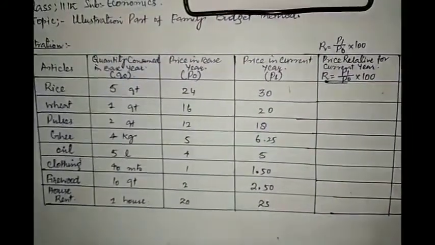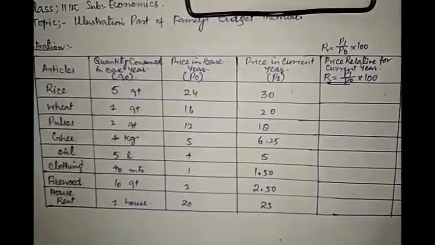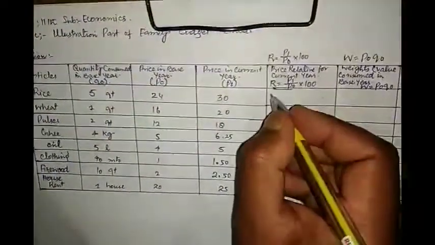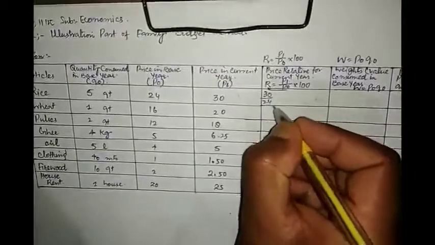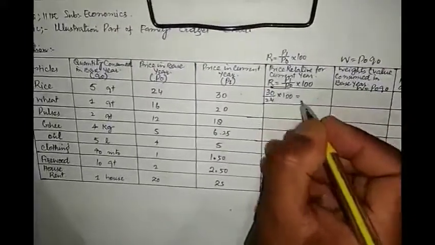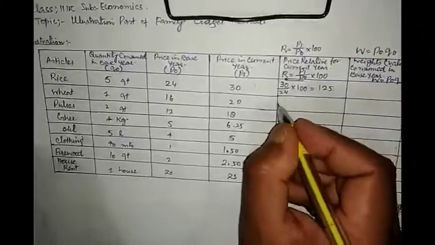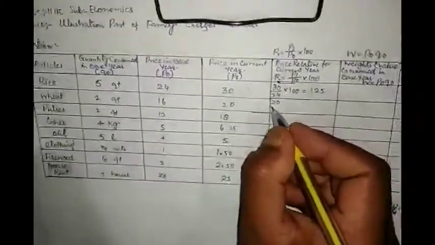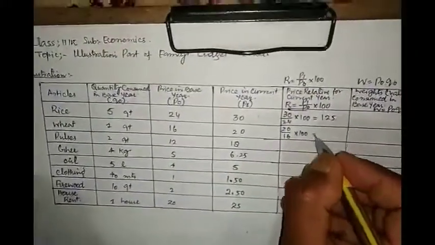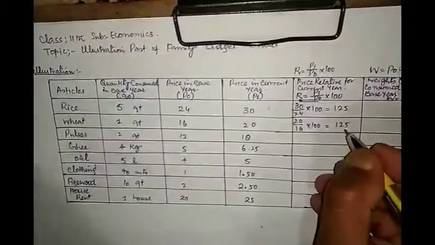That is 30 divided by 24, which is equal to 1.25 into 100, that is equal to 125. 20 divided by 16 into 100, that is also equal to 125.